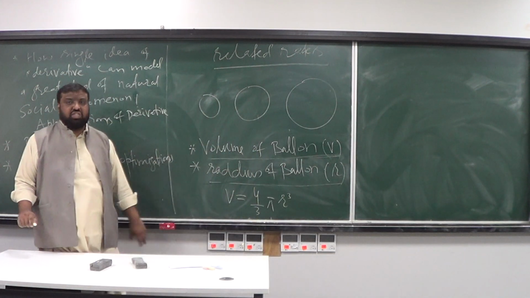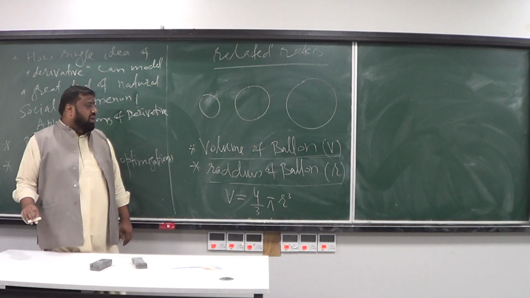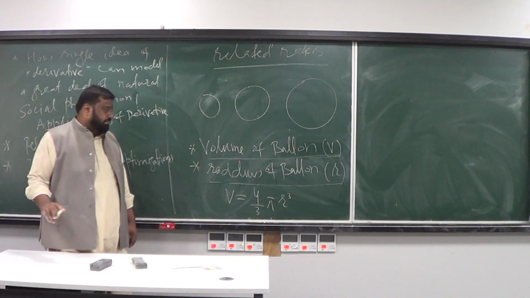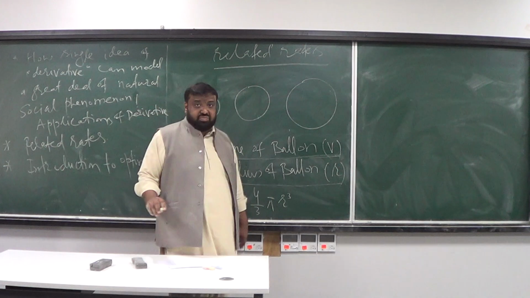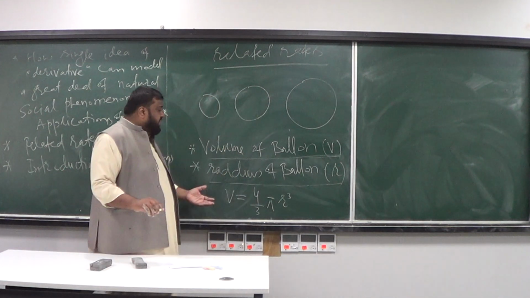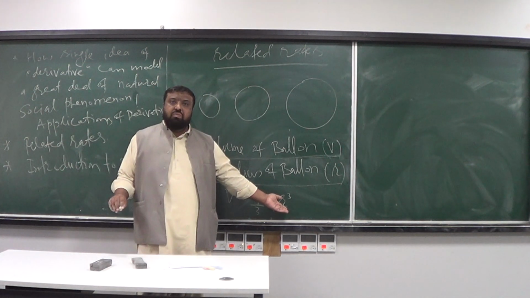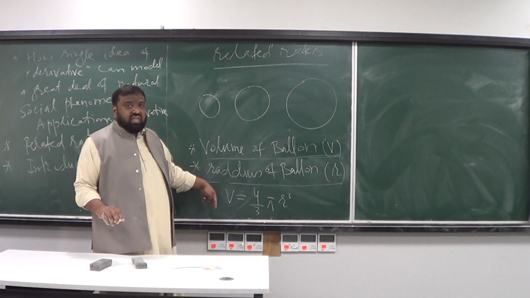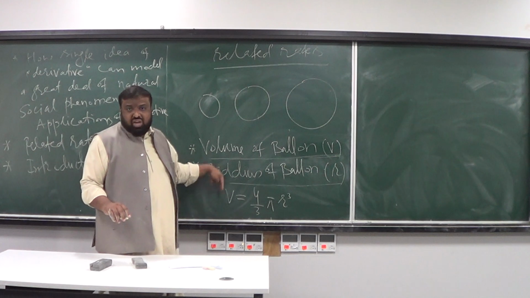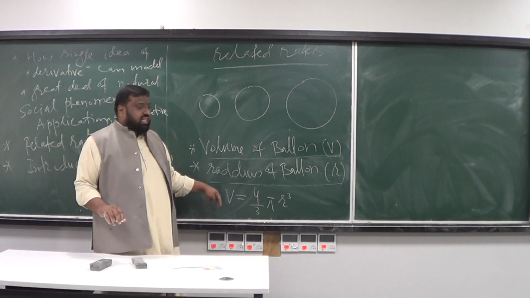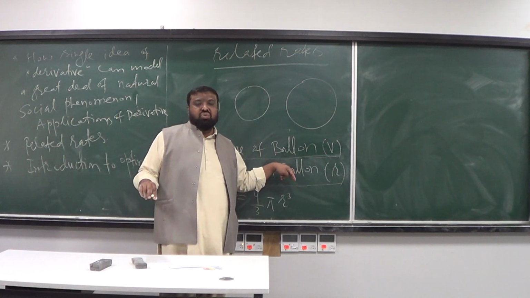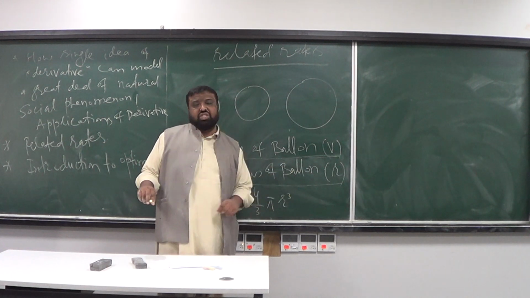So this is the relationship between volume and radius. And once you have a relationship between volume and radius, and the rate at which the volume is changing over time, then you can easily compute the rate at which the radius of the balloon is changing.